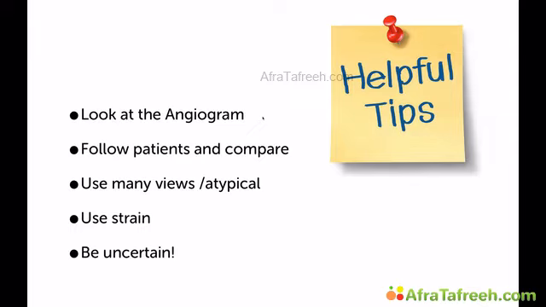Use as many views as possible, especially atypical views. Use strain and be uncertain. To be honest, there are so many situations where I am not sure if there's really a wall motion abnormality or not. It's probably the most difficult thing in echocardiography. And what I basically do is I just write in the report, it could be, maybe, I'm not certain, it looks as if.